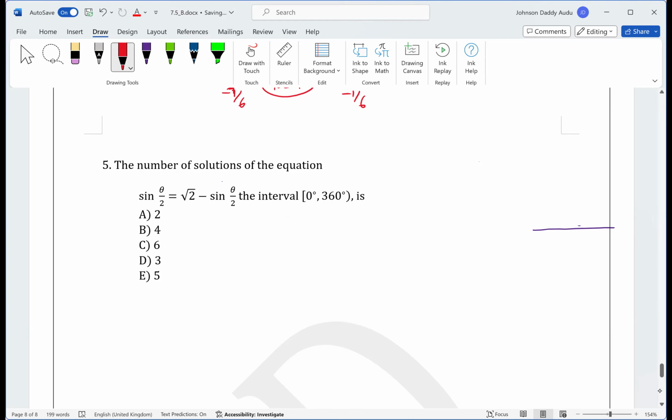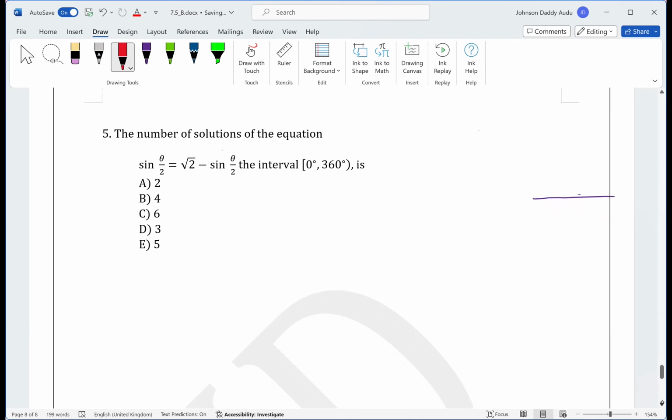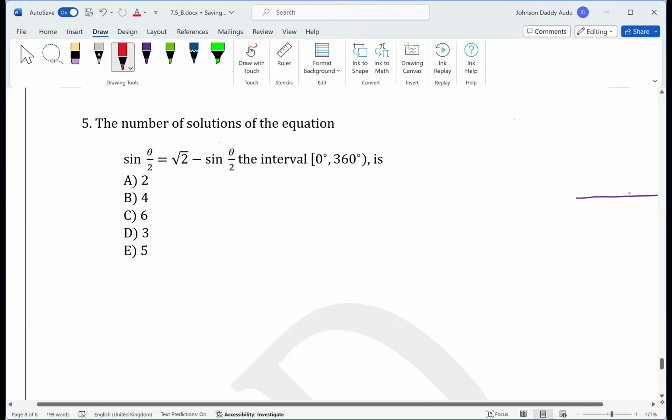So what we can do here is this one. Let's see how this will work out. Now, this is sine theta over 2 minus this, and you have in which interval? In the interval 0 to 360.